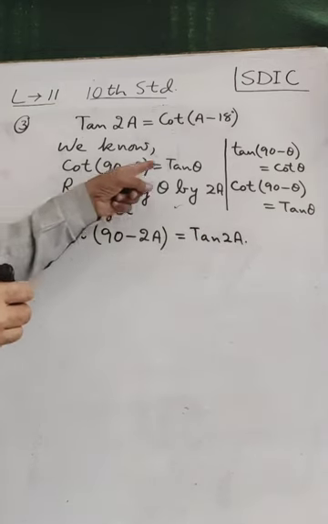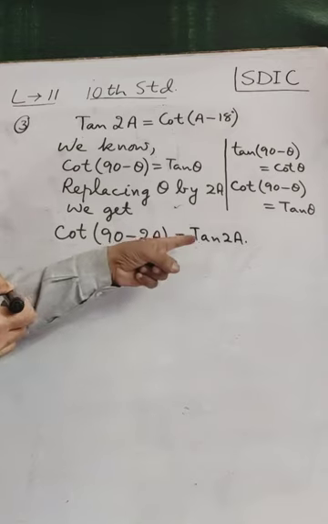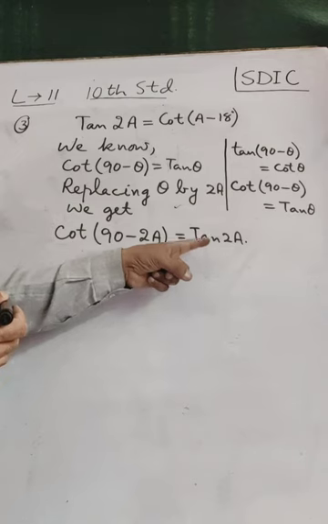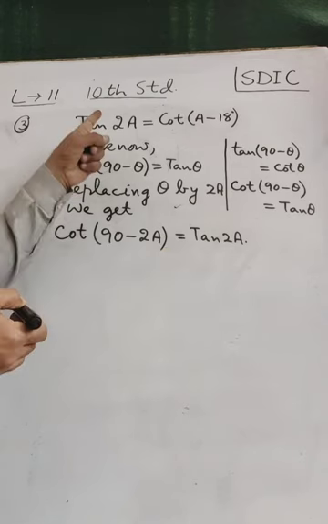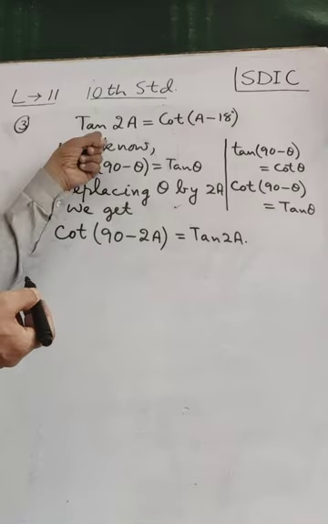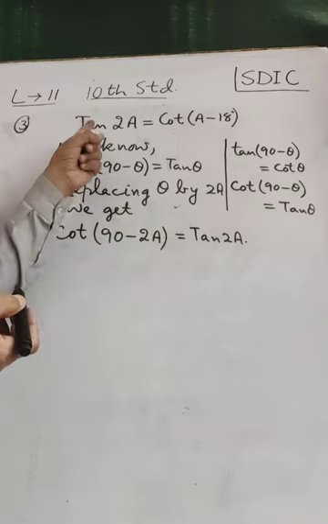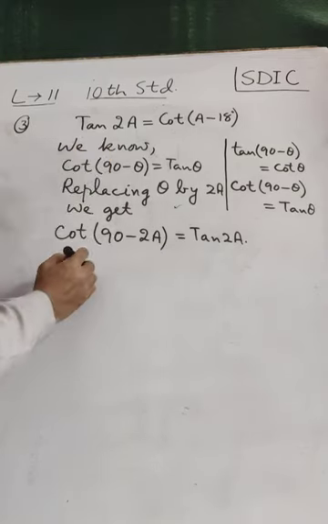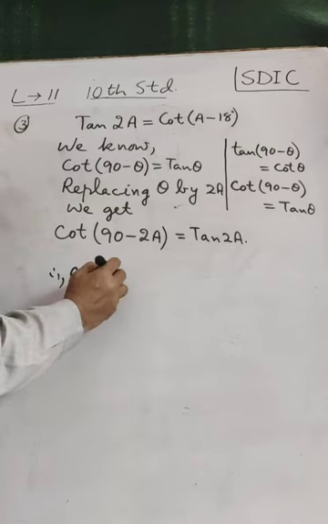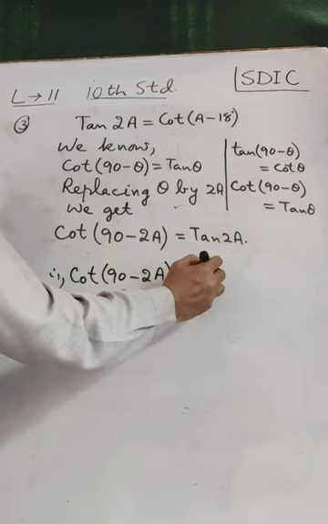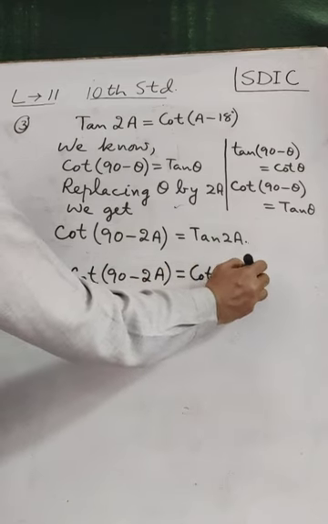I replaced theta by 2a, thereby I got tan 2a on the RHS, the same as what we have in the given. This will help us eliminate tan 2a by using Euclid's axiom. Therefore, as we eliminate tan 2a, we get cot 90 minus 2a is equal to cot a minus 18.